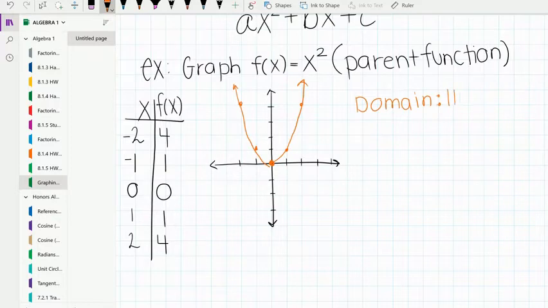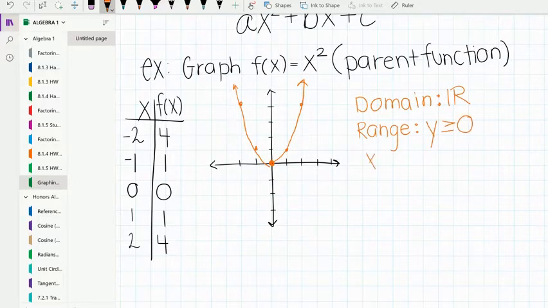So we can say all real numbers. Range is all possible y values, or output values. We can see that it's definitely not all real numbers because it starts at 0 and it's just everything above 0. How we would say that is y is greater than or equal to 0.